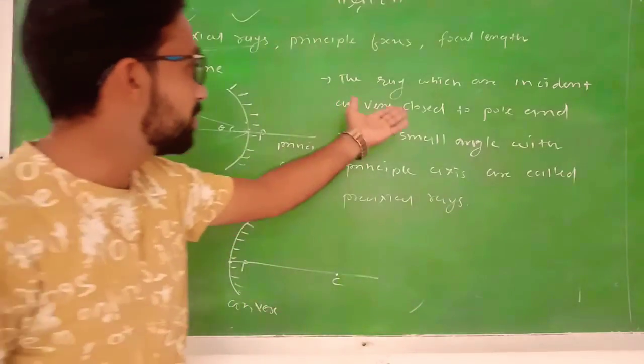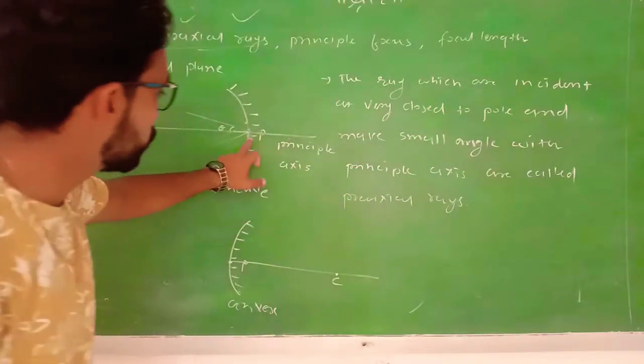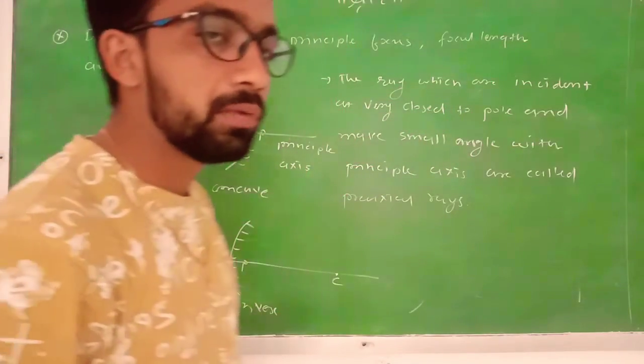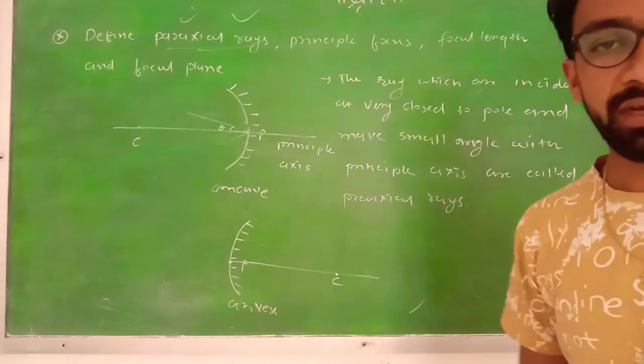Okay, so this is the definition of paraxial rays: the rays which are incident very close to the pole and make a small angle with the principal axis. Those rays are known as paraxial rays.